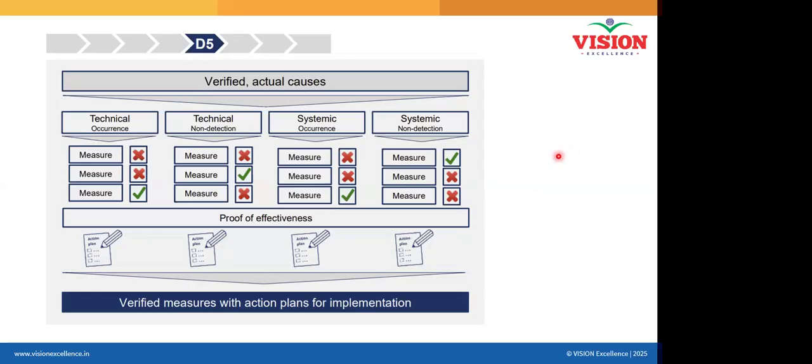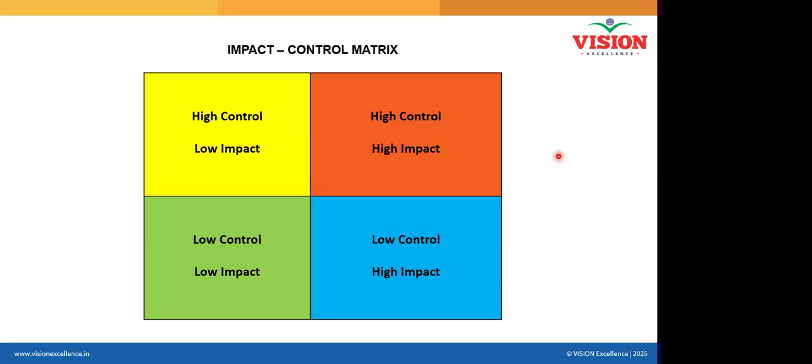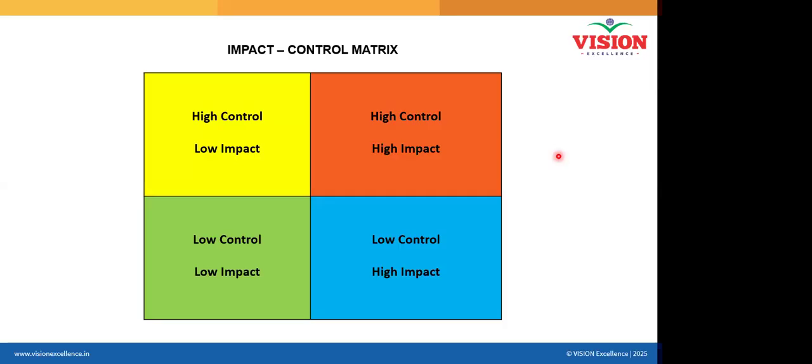Sir, in the impact control matrix, for low control and high impact, what should we do, sir? Low control and high impact. Let's say your obesity is because of some genetic reason. What action will you take to change your genetic reason? Nothing. High impact.